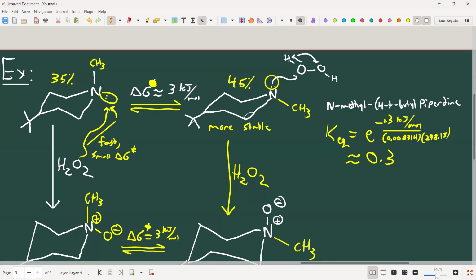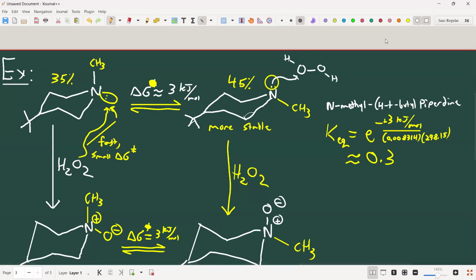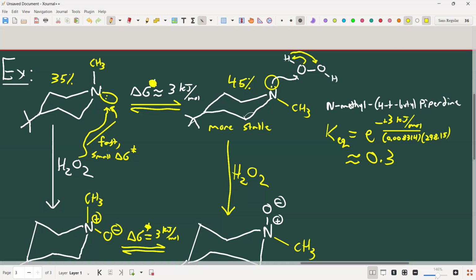right, this oxygen, let me push my electrons a little more effectively. Right, and you form water here. This oxygen needs to come in and it's going to be above the ring, right?